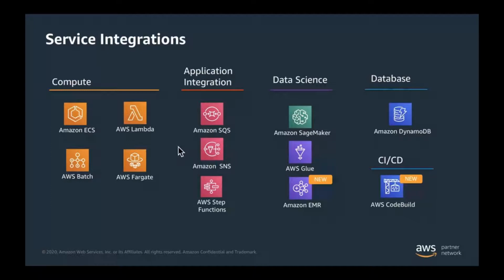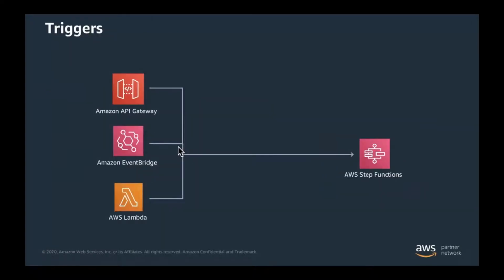From a data science standpoint, we have SageMaker, Glue, and EMR, and this is very helpful for building end-to-end data science and machine learning workflows. We also support DynamoDB, and we just recently added support for CodeBuild, so now you can use Step Functions for your CI/CD processes.